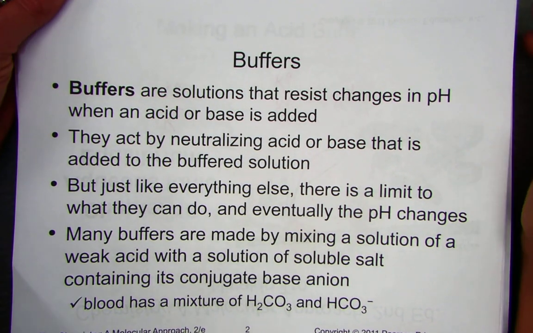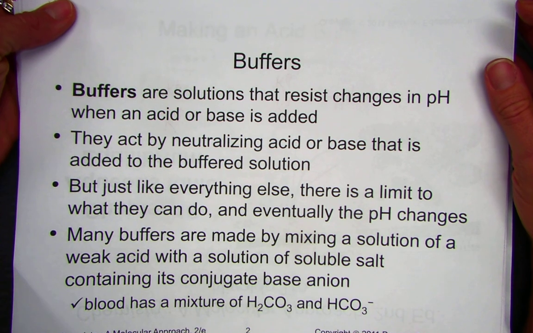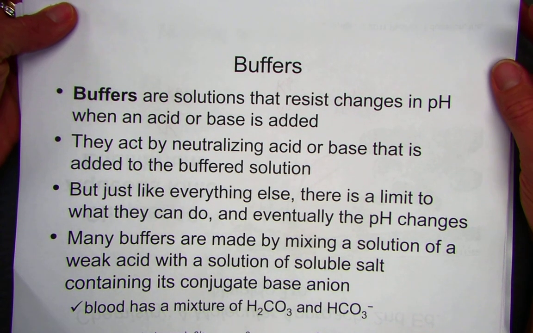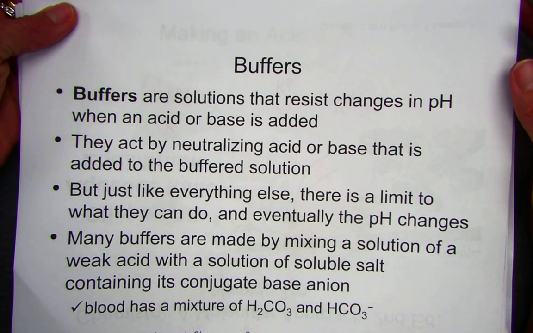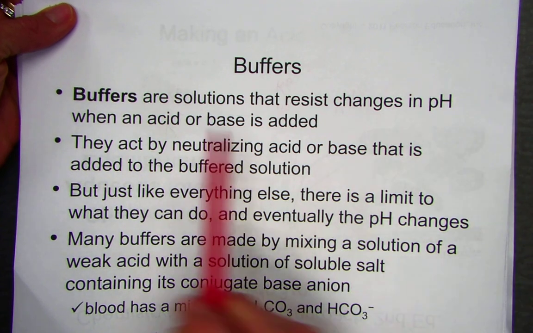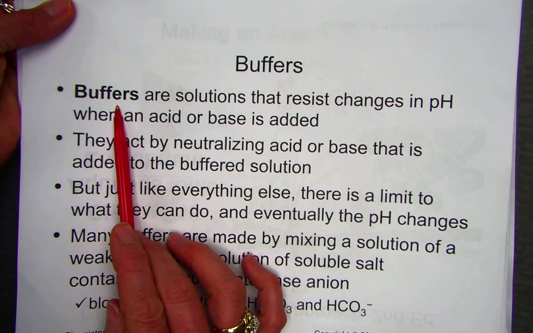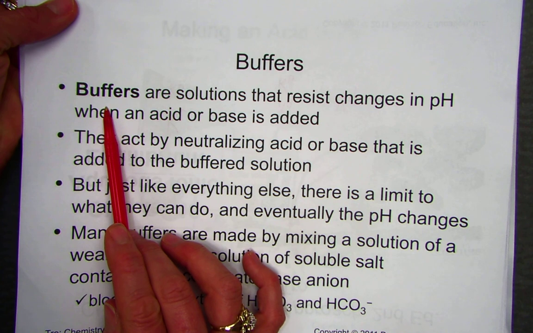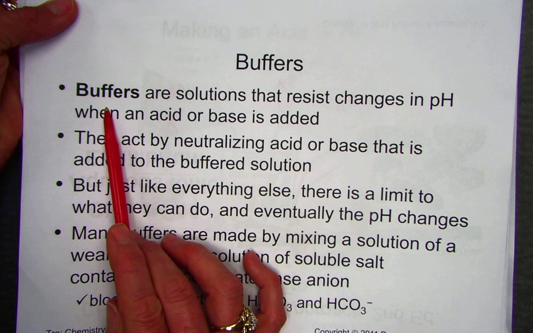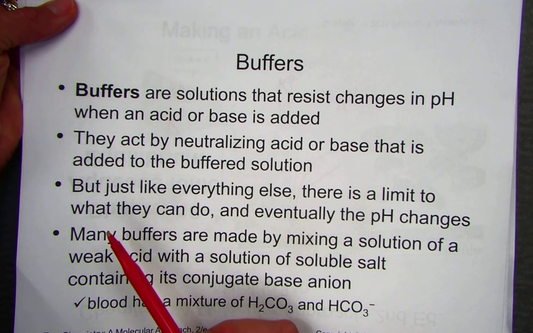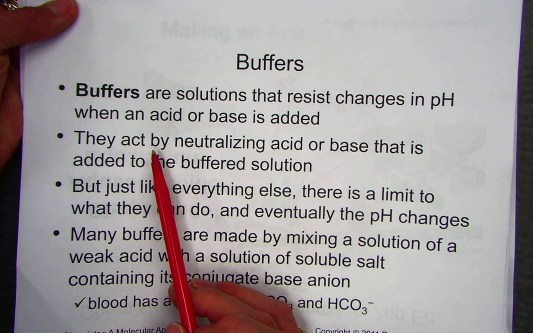The term buffer is used to describe solutions that resist changes in pH when an acid or base is added. Perhaps you've heard of buffered aspirin. Aspirin, of course, is an acid. Acetylsalicylic acid is the name of it. When we take acid into our stomach, which also is an acid environment, it sometimes may lead to an upset stomach.